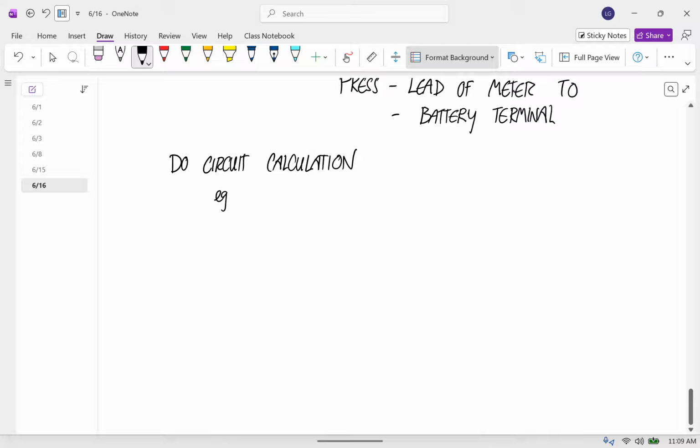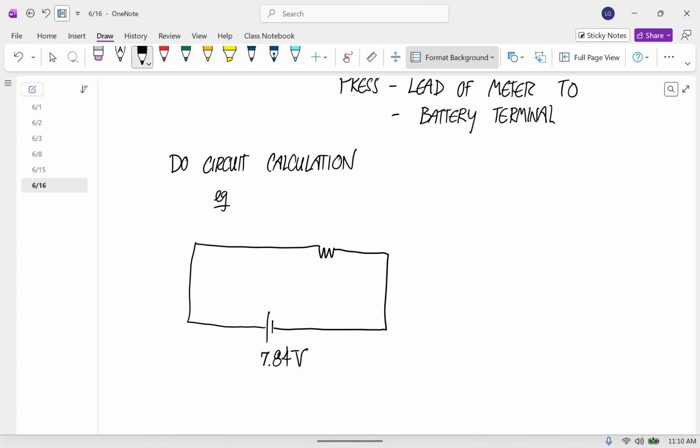For example, let's say I'm going to use 7.84 volts from the battery, and a resistance of 322. I'm going to solve this circuit: I'm going to calculate the voltage and the current in all of the devices that are attached, which in this case is just that resistor.